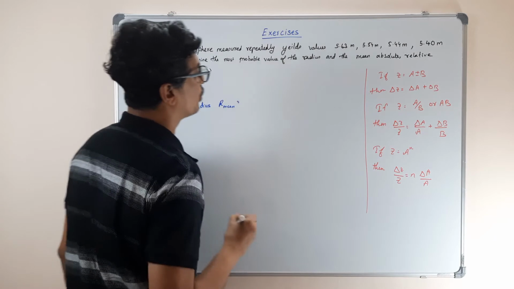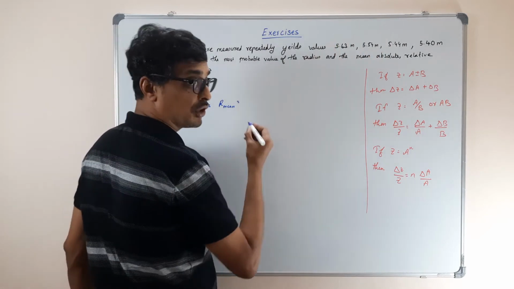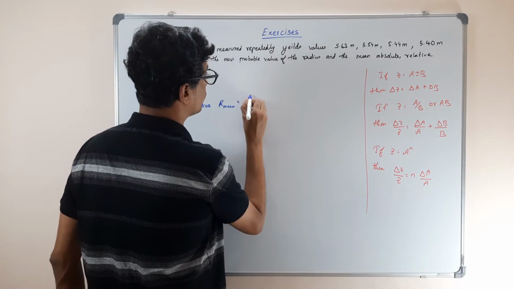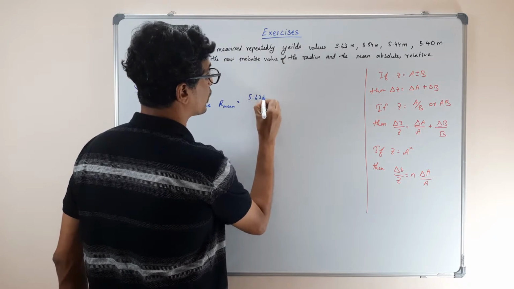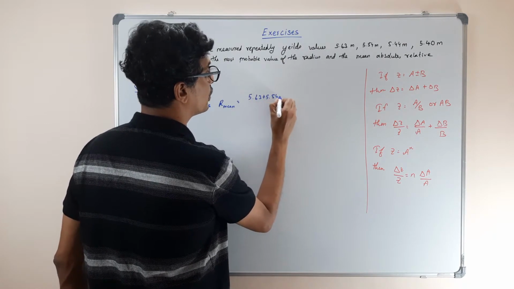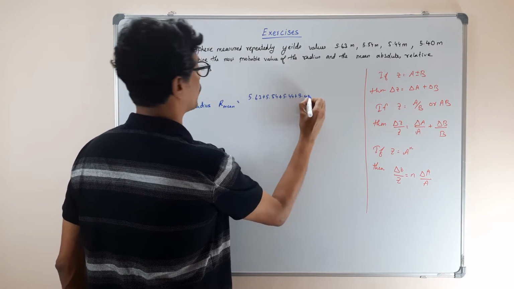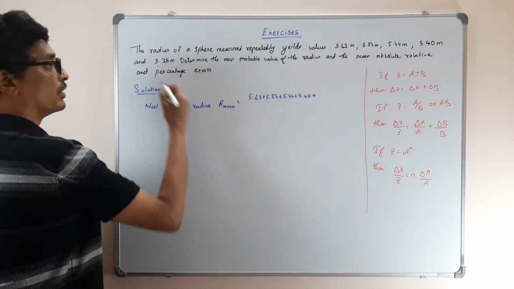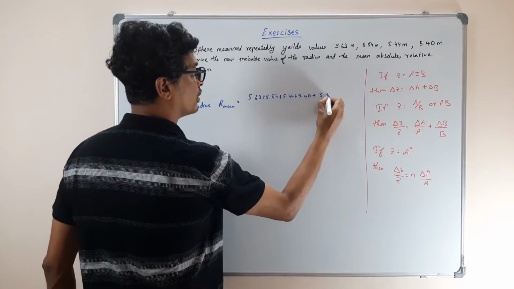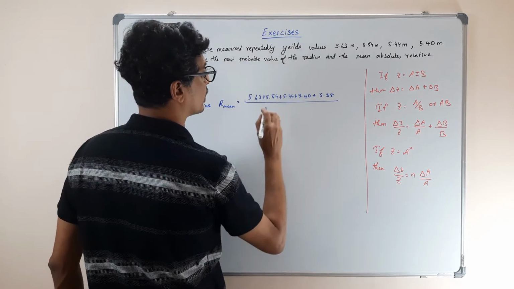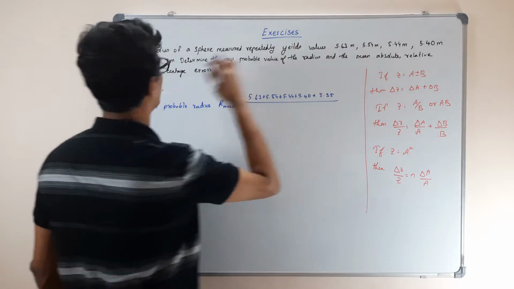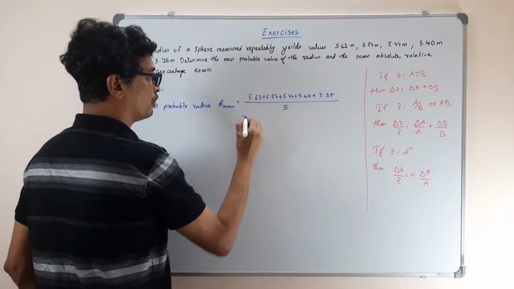So R mean is equal to how much? Take the average of all those things, right? That is 5.63 plus 5.54 plus 5.44 plus 5.40 plus 5.35. How many entries are there? How many experiments? 1, 2, 3, 4, 5. Correct? So what should be its value?